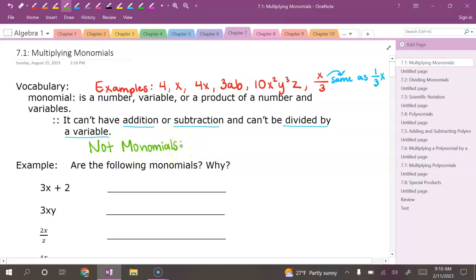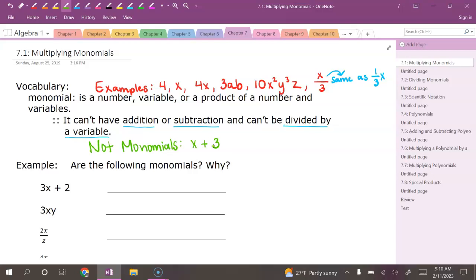Not monomials would be like x plus 3. That's actually considered a polynomial, or the true word for this one would be a binomial because there are 2 terms, and bi means 2.